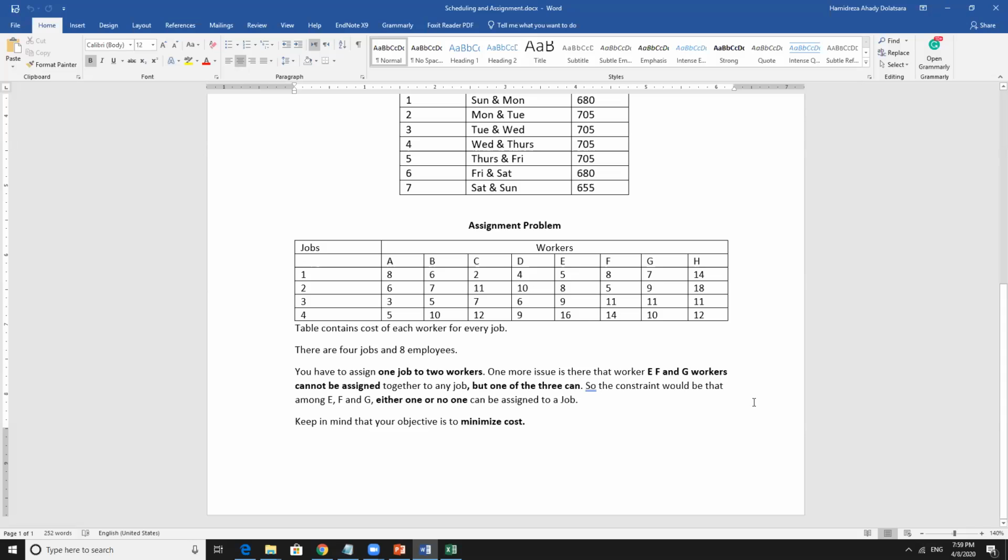So the constraint would be that among E, F, and G, either one or no one can be assigned to a job. And also, in the assignment problem, you want to minimize the cost. So we added a constraint here that the 3 cannot work together.